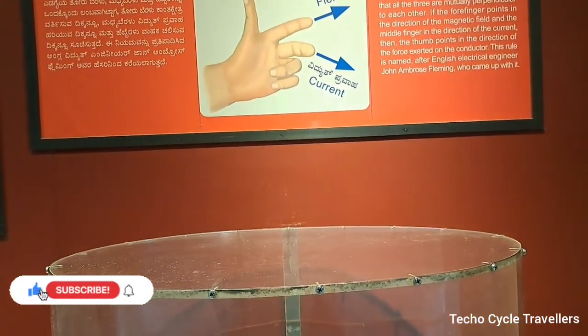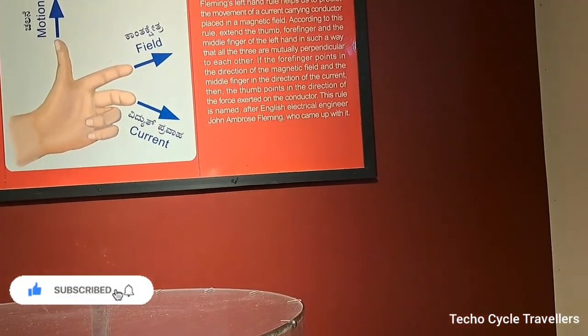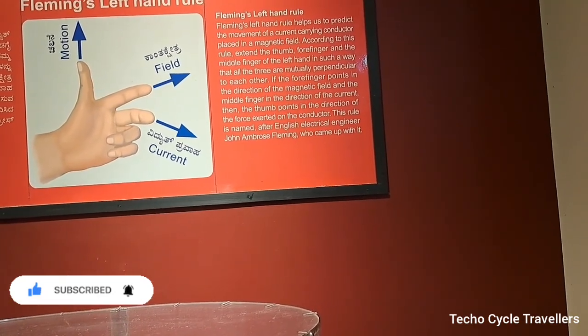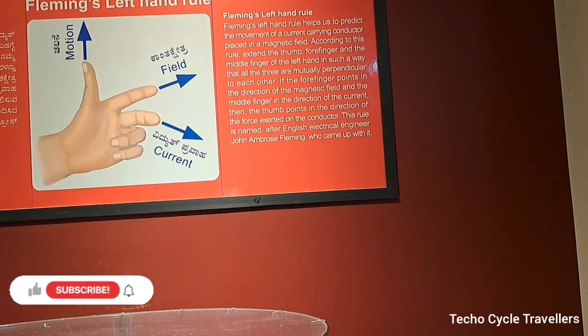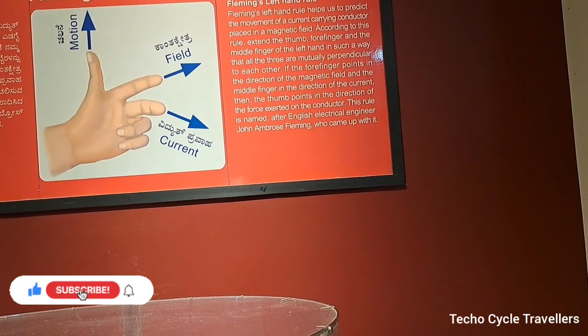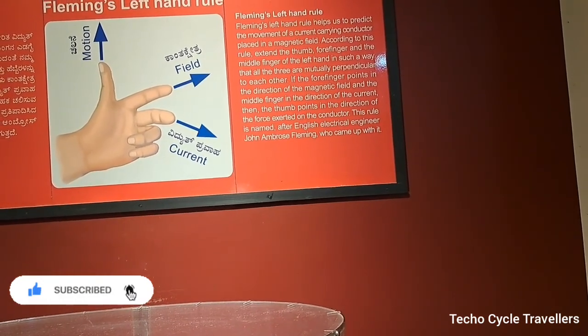Fleming's left-hand rule. Fleming's left-hand rule helps us to predict the movement of a current carrying conductor placed in a magnetic field. According to the rule, extend the thumb, forefinger and middle finger of the left hand in such a way that all three are mutually perpendicular to each other.